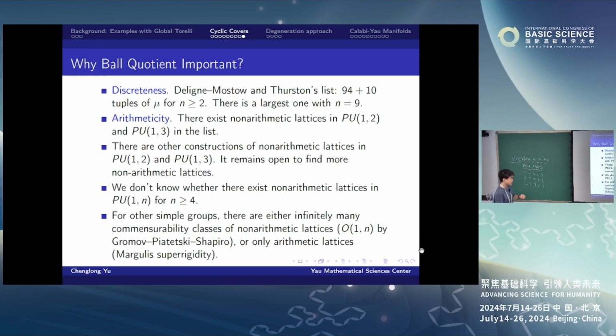If they differ by a finite cover, they are both arithmetic at the same time. So we need to classify them up to commensurability classes. So they find infinitely many for a fixed n. And for the complex hyperbolic ball, it's still widely open. For now, people only have around 20 examples of those non-arithmetic lattices.